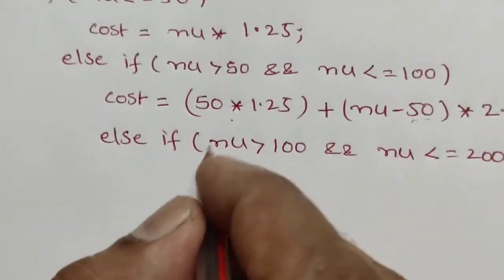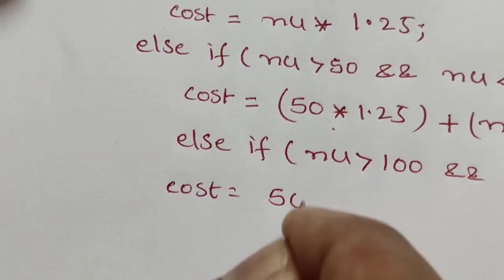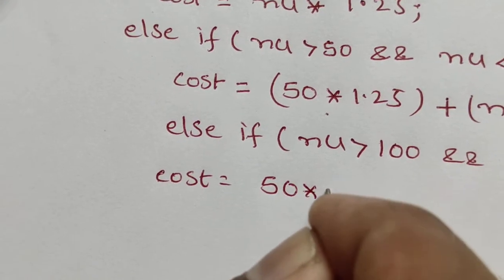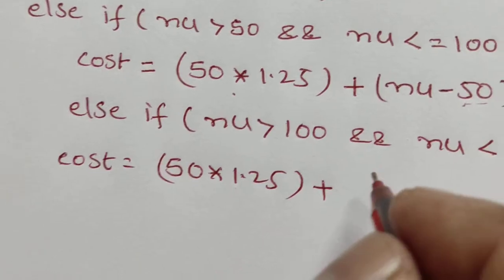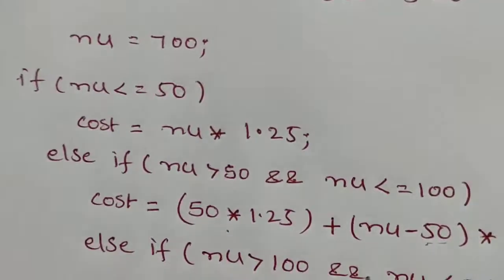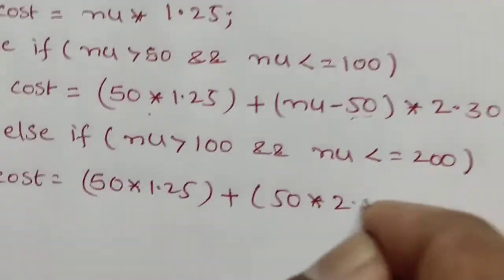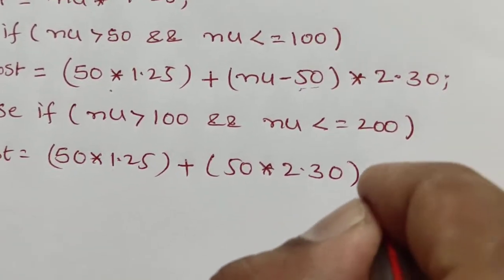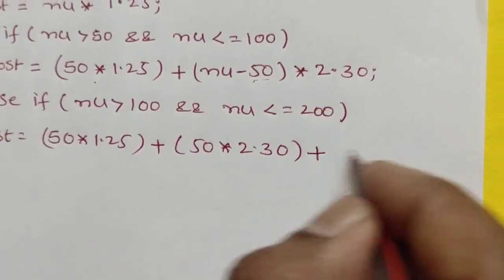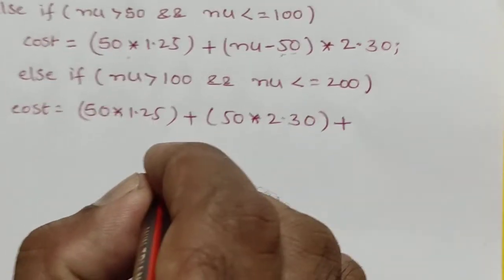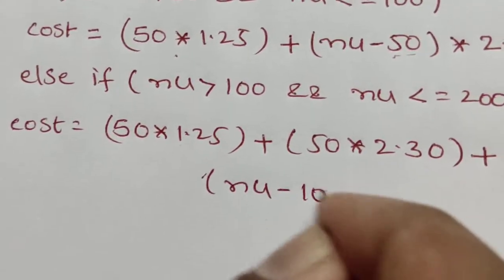Now we calculate the cost as: for the first 50 units, 50 into 1 rupee 25 paise, plus for the second slab of 50 units, 50 into 2 rupees 30 paise, plus, let us consider these are 150 units, number of units minus 100.